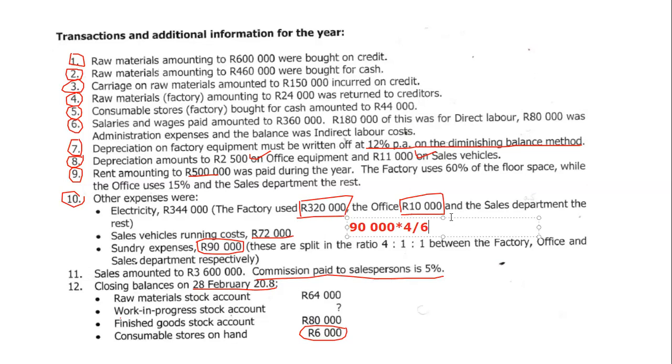Admin. So admin is 90,000 times 1 over 6, and that will go to admin. And obviously the same value will also go to selling and distribution.